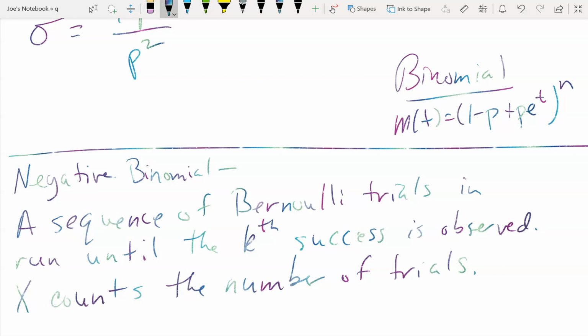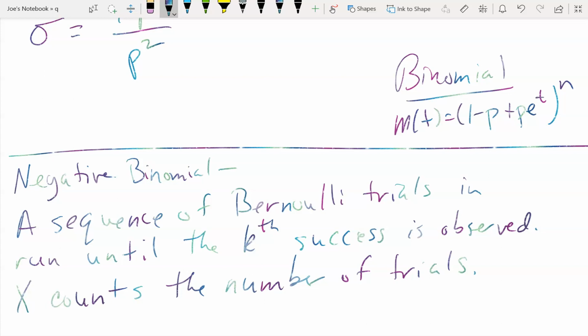What's the smallest value x can take on? In terms of this scenario, you're going to run trials until you get to the kth success, what's the smallest that x can be? K. Yeah, nailed it.